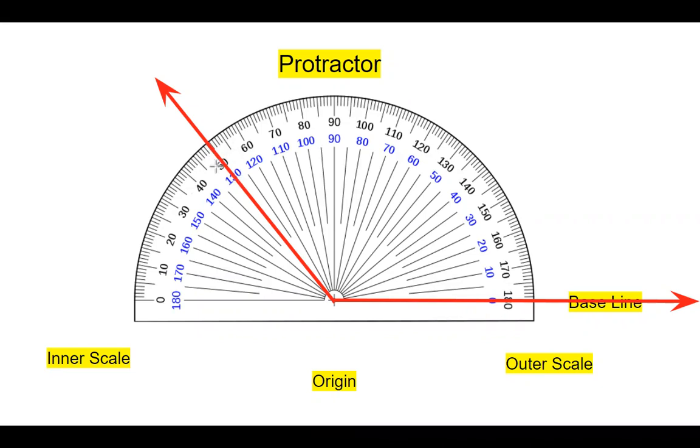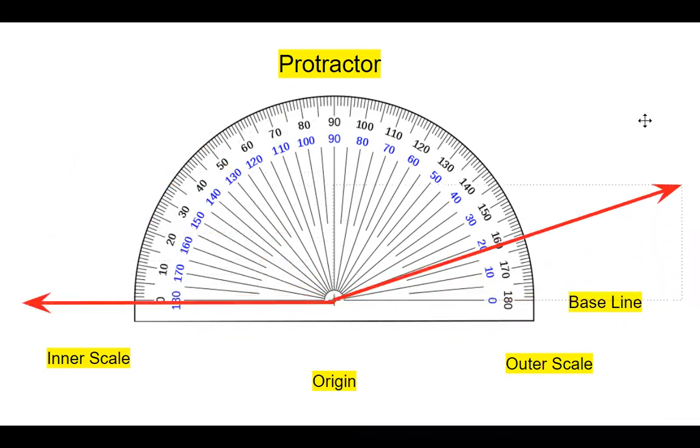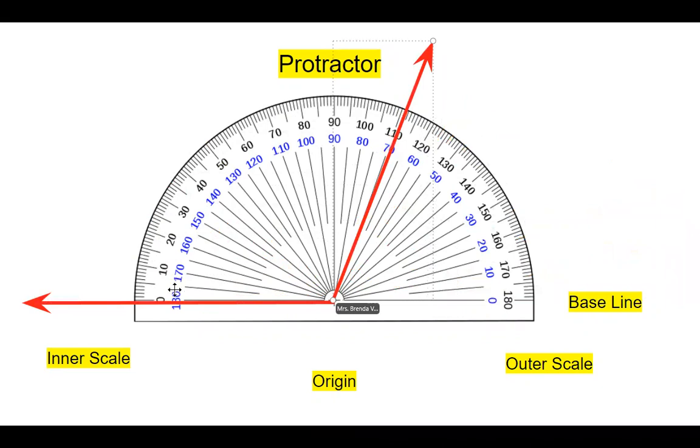So it's not 50 degrees, it's 130. Now let's say we start on the opposite side. Then we would start with our outer scale. Notice that we always start with 0. So align two things: your origin with your vertex and your 0 with your side of your angle.